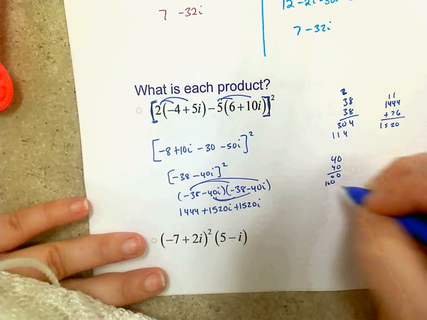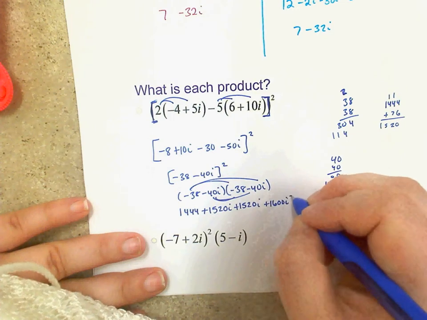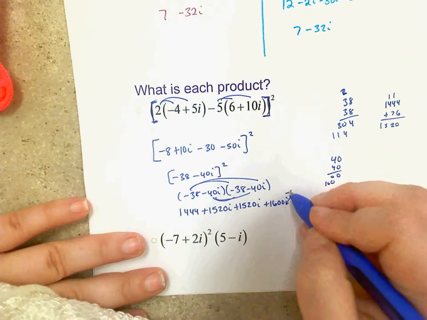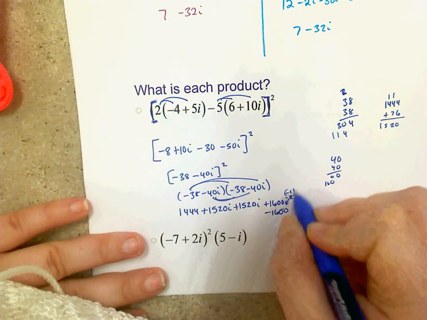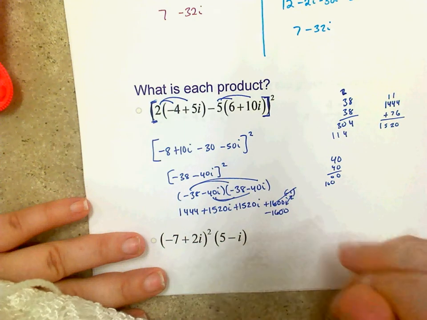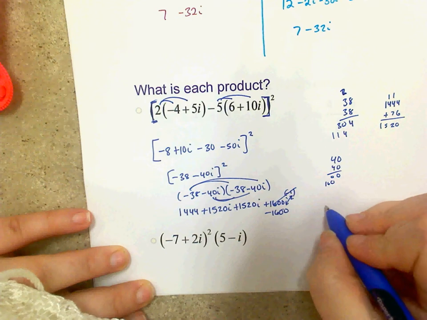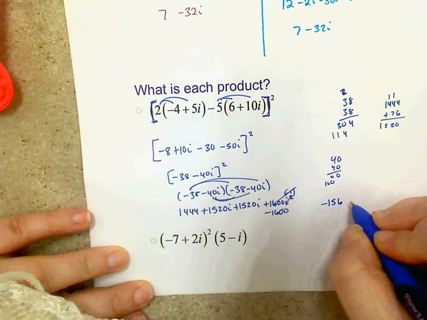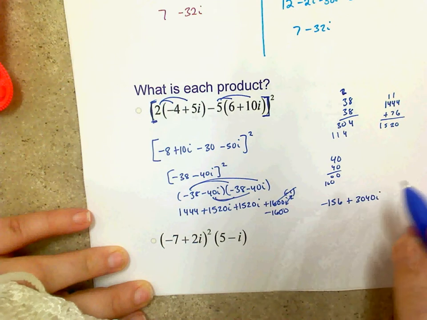So it's a positive 1,600 I squared, but then remember I squared is a negative 1. So it's actually minus 1,600. So 1444 minus 1,600 is negative 156, plus 3,040I. I'm pretty sure, and if my math is wrong, feel free to correct me.